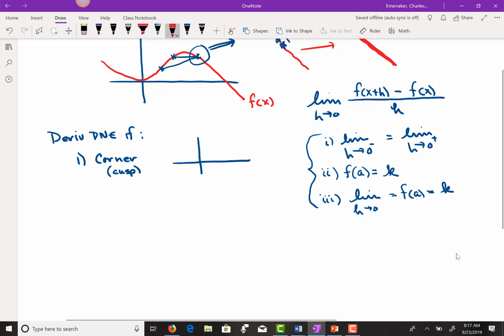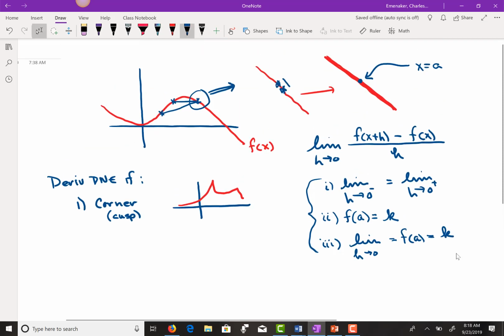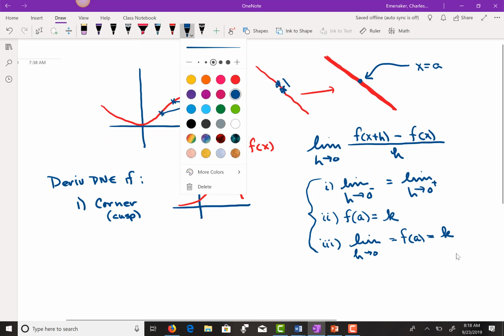On a graph, it's going to look something like this, or it might go like that. Either of those is a problem. In the first, the lines coming up to that point are both curved. That is called a cusp. In the second, the lines coming up to it are supposed to be straight lines. That's a corner.